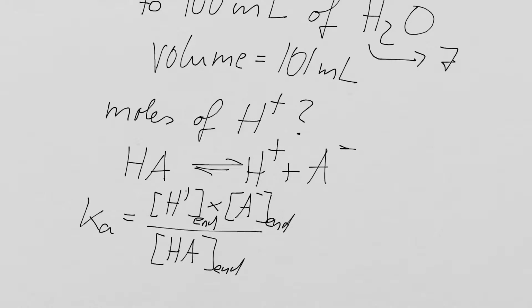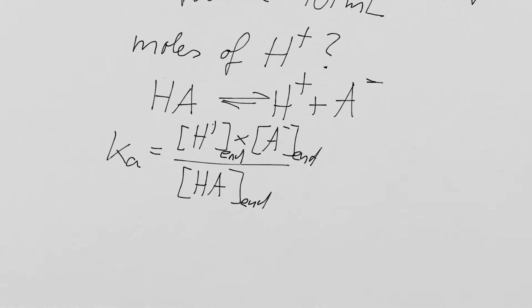So, do we know the concentration of this H plus? No, we don't, because that is exactly what we want to know. Do we know the concentration of this A minus at the end? Not really.